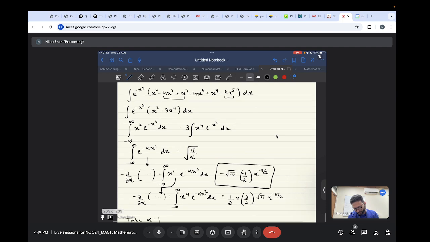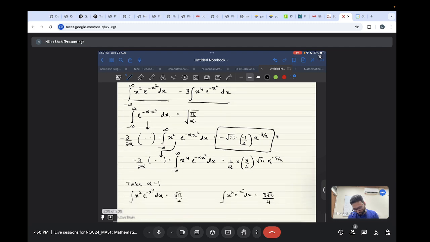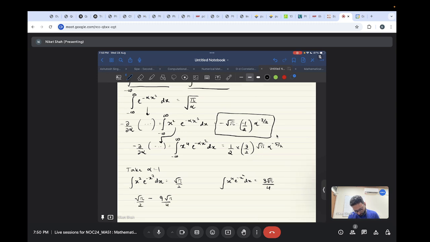The question here is, this is it, this and this. So root pi by 2 minus 9 root pi by 4 is equal to minus 7 root pi by 4, which is of course not equal to 0.